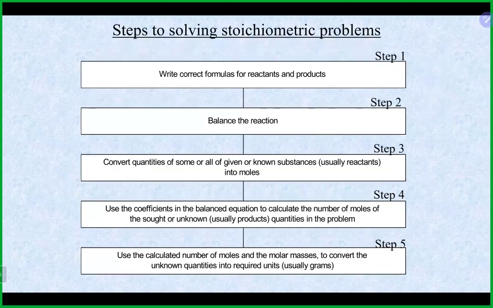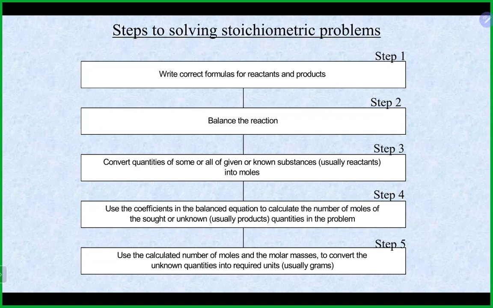Here are 5 steps to follow in a basic stoichiometry problem, and I would say you could reduce this down to 4 steps in most cases. But just in case you were given everything in words and you weren't given an actual equation, you definitely want to make sure you get the right formulas down, as we talked about a little bit ago.